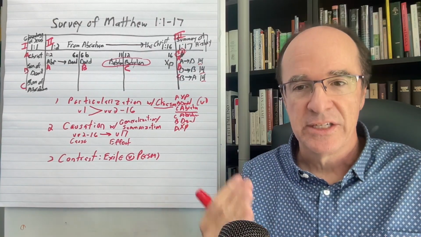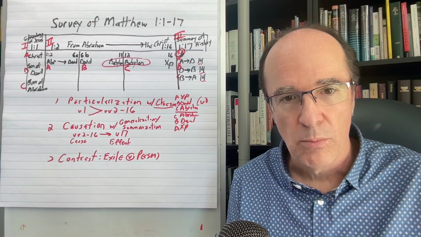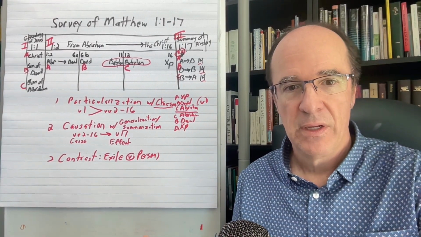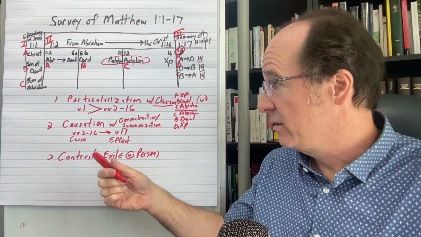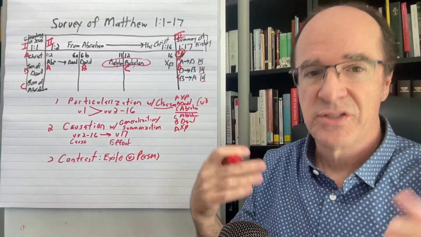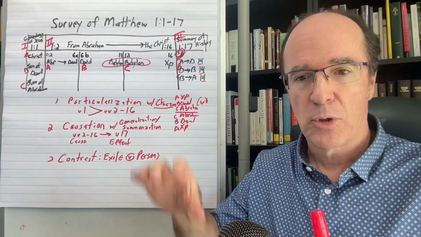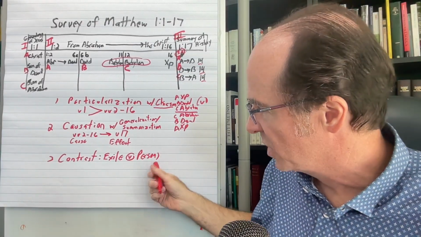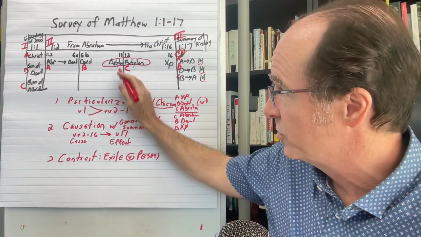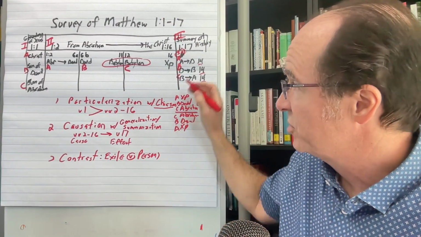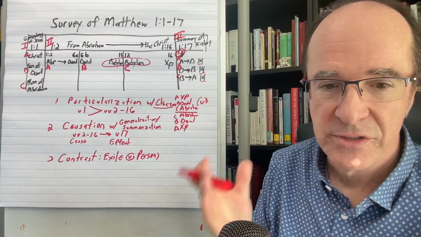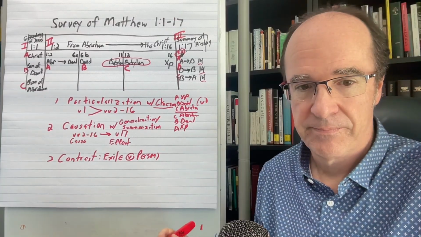And it's the only historical chronological marker that's in the entire genealogy. And in fact, you could even say that it interrupts the otherwise flow of the genealogy from person to person. So we want to note this contrast. There's a contrast between the exile itself, again, verses 11 and 12, it's also mentioned here in 17, and the persons in the genealogy.